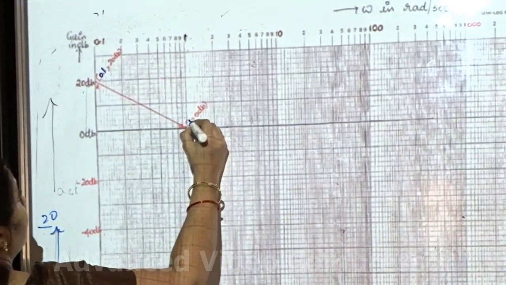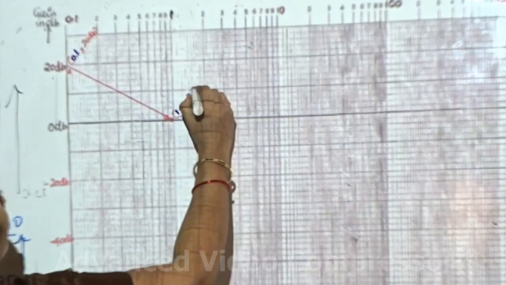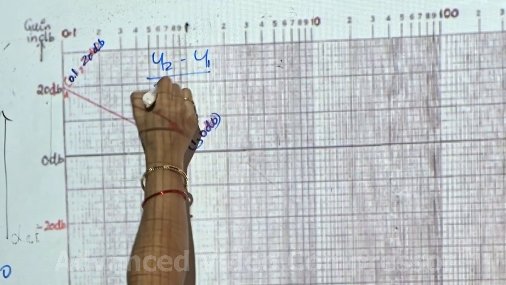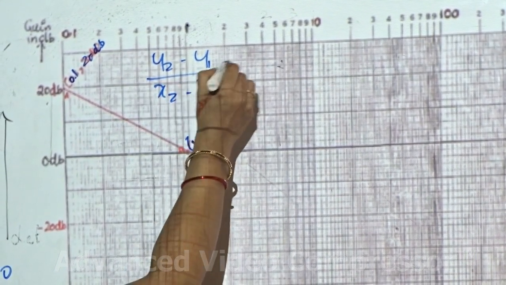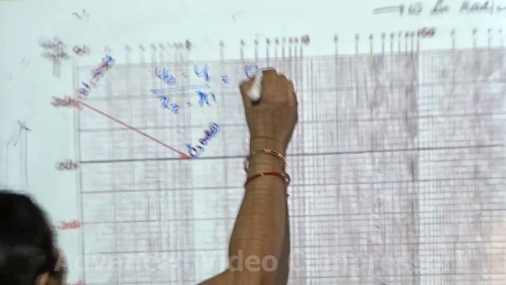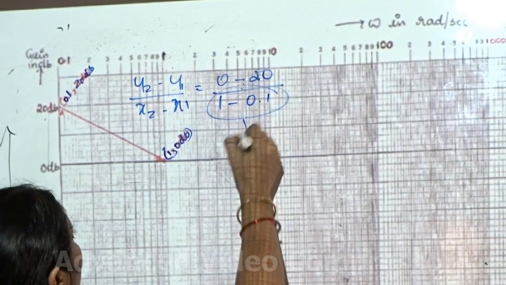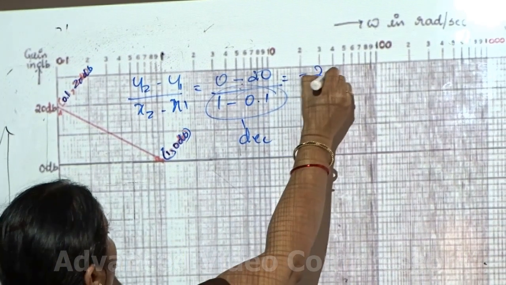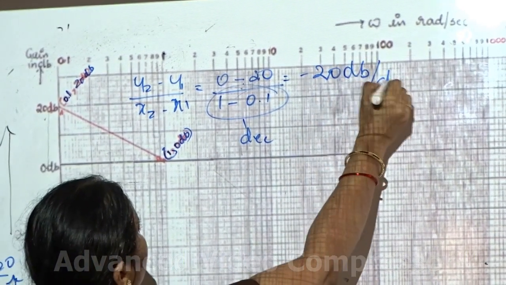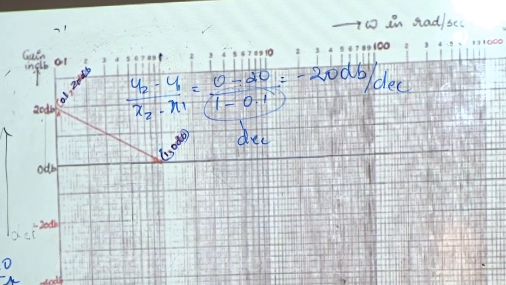So this is at 1, then 0 dB. These are the coordinates. What is the difference here? You can see y2 minus y1 over x2 minus x1. y2 is 0 minus 20, divided by the decade value. This is minus 20 dB per decade. You are getting the slope like this.